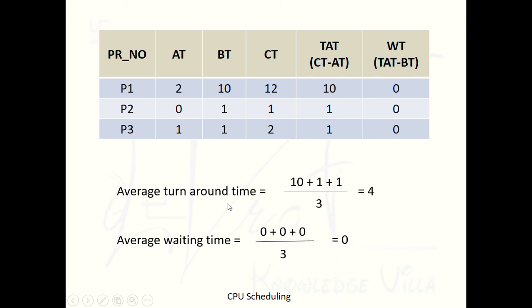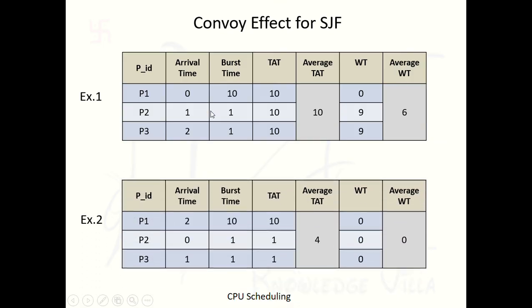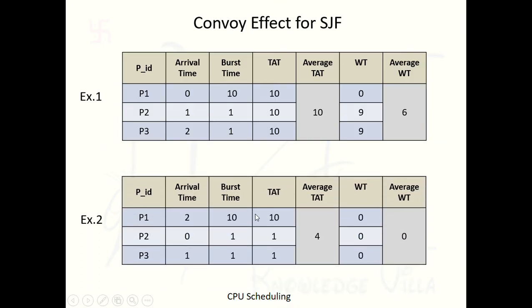Now we will compare the average turnaround time and average waiting time for both examples, so we will be able to find out the limitation. Let's see what the difference is between the results of example 1 and example 2. The burst time was the same for all three processes. The only difference is in the arrival time.